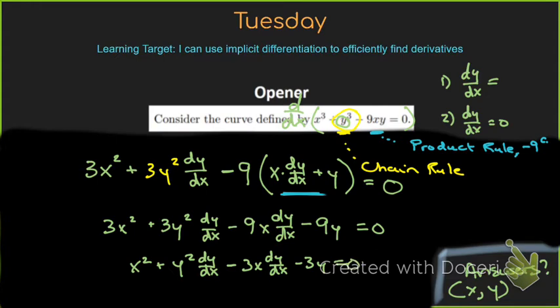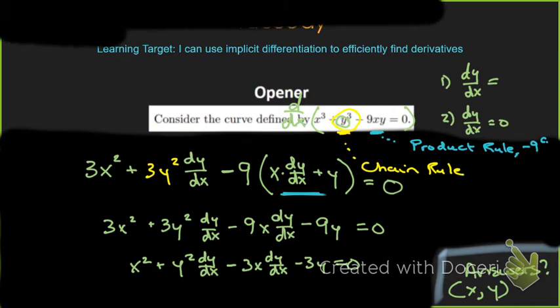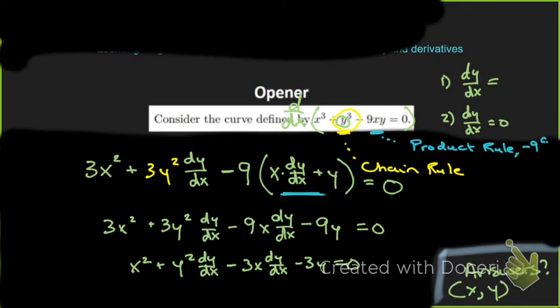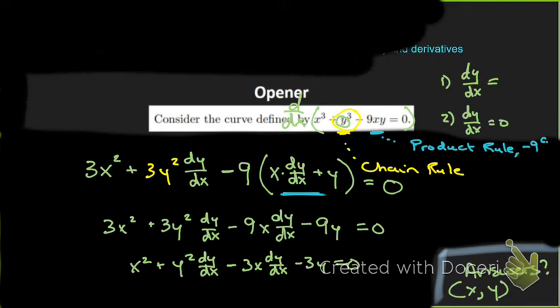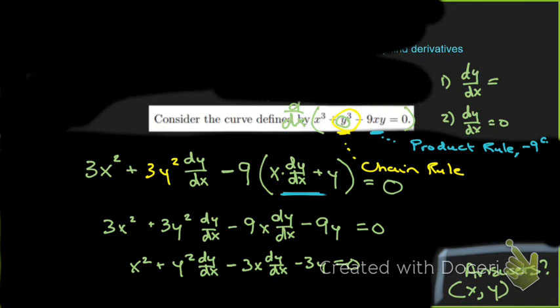So then how are we going to go from there? Isolate the dy dx terms. Yeah, let's get all the dy dx terms on that one side. So I'm going to leave these where they are, and I'm going to move these other two to the other side. So just doing some algebra.